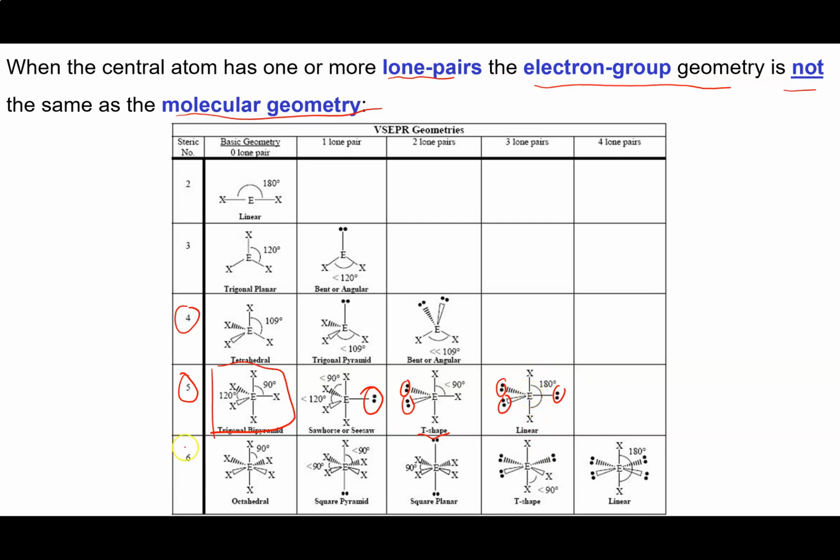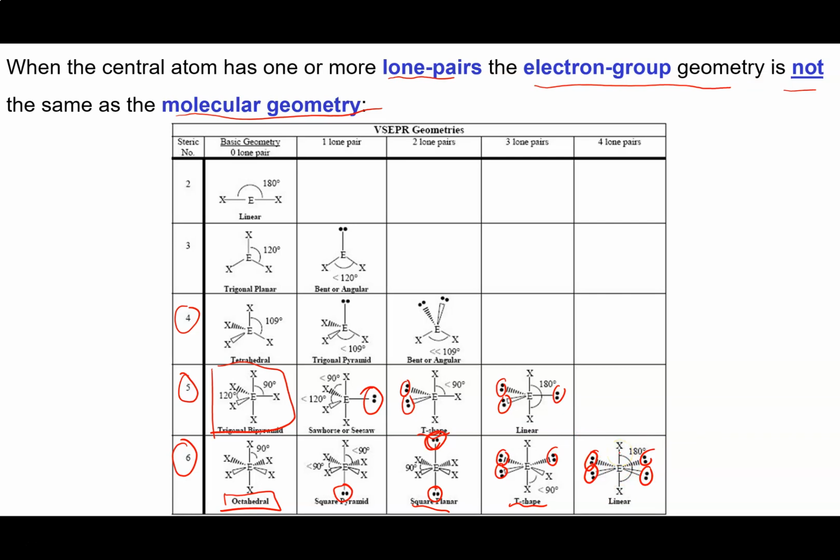It gets the most complicated when we have steric number equals 6, which gives us the octahedral electron group geometry. If one electron group is a lone pair, we end up with the square pyramid structure. If 2 are lone pairs, we end up with the square planar structure. If 3 are lone pairs, we end up with a T-shaped molecule. And if 4 are lone pairs, we're back at linear again.